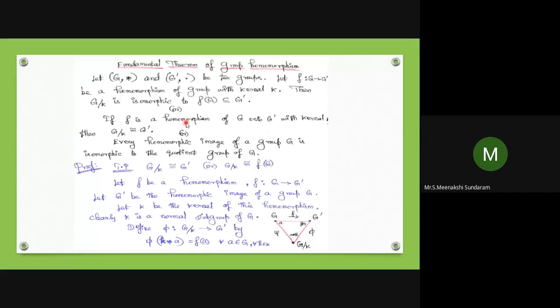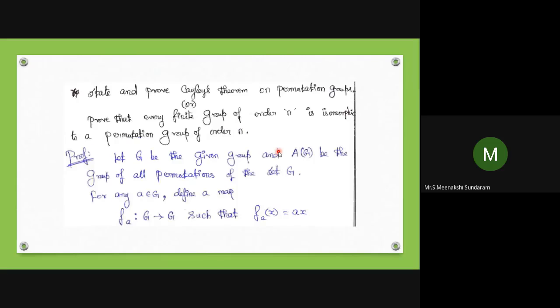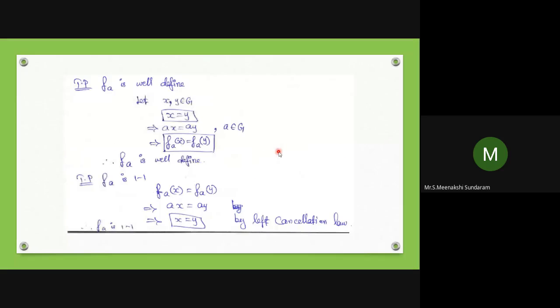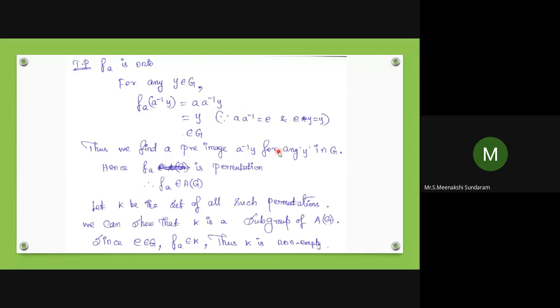The three named theorems you need to remember: Lagrange's, the fundamental theorem, and Cayley's theorem. For a finite group, we can show this using Cayley's table, which we need to prove. Cayley's table, for those things. Anybody got a doubt, ma'am? Up to this, if anybody got a doubt?